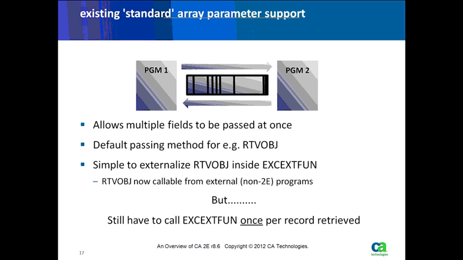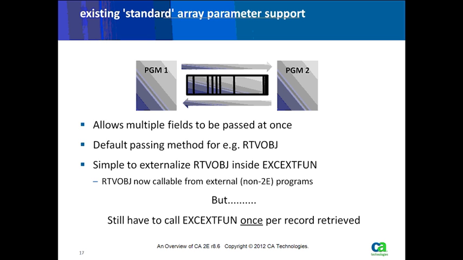Now, if you define that record parameter either as a record parameter or as an array interface, the original pre-8.6 version, yes, you can pass multiple fields at once as one parameter because you just add them to, let's say, an array structure, and you pass that array structure back and forth. It's how we pass information for retrieve objects.